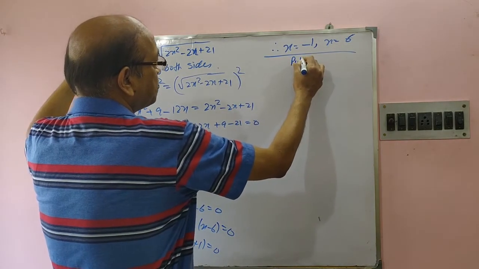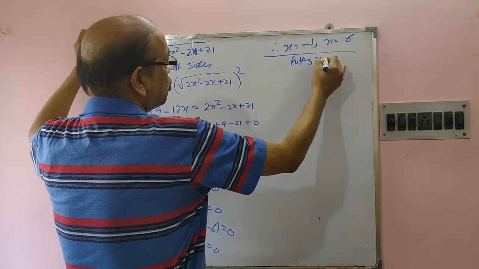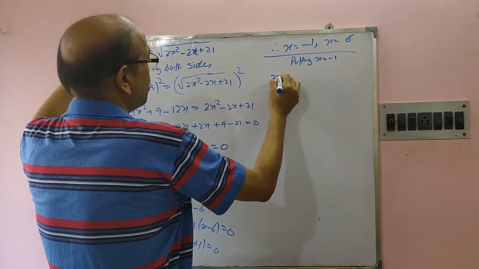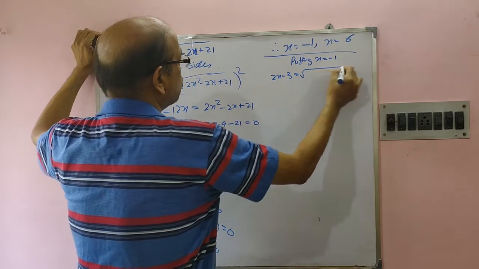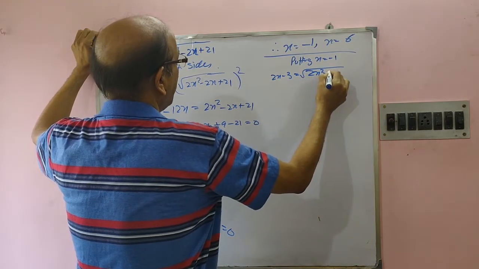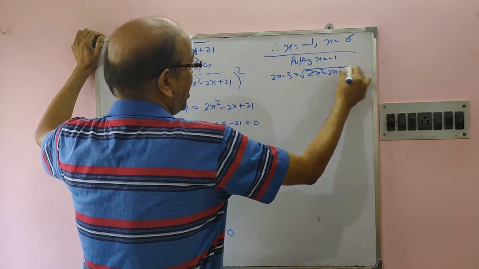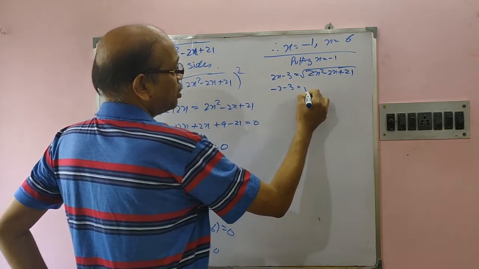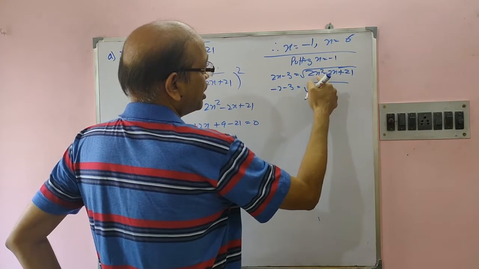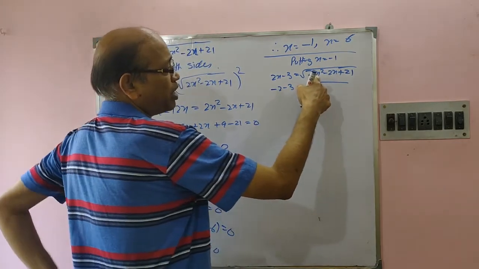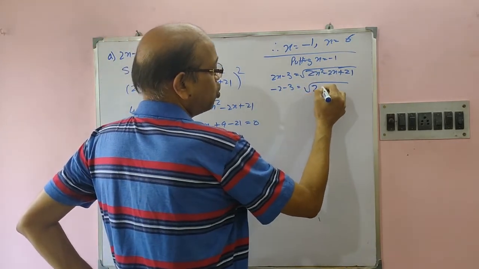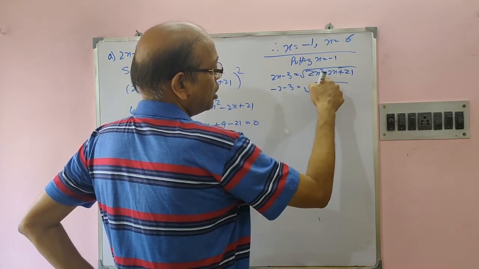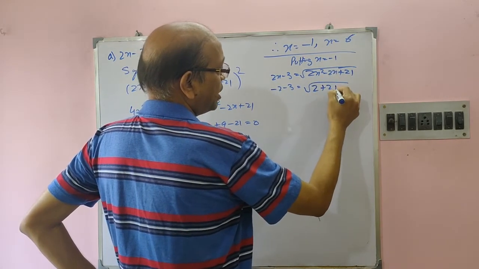So putting x equals to minus 1 in 2x minus 3 is equals to root of 2x square minus 2x plus 21. This becomes minus 2 minus 3 is equals to root of 2 plus 2 plus 21.